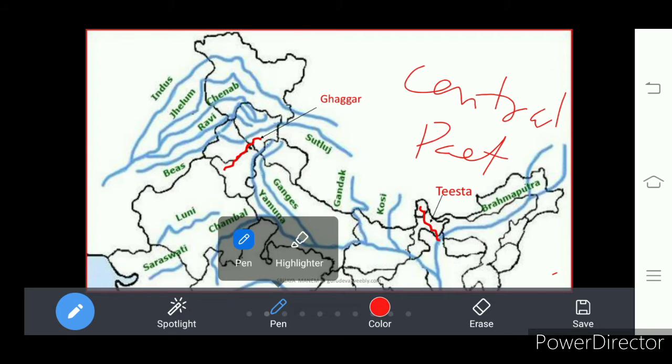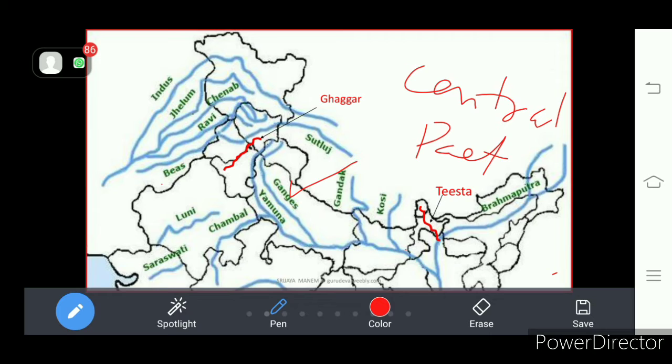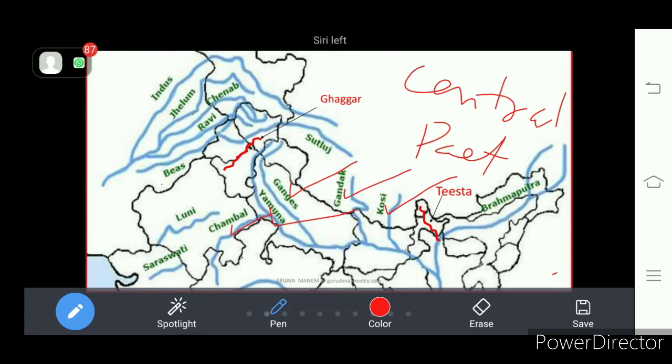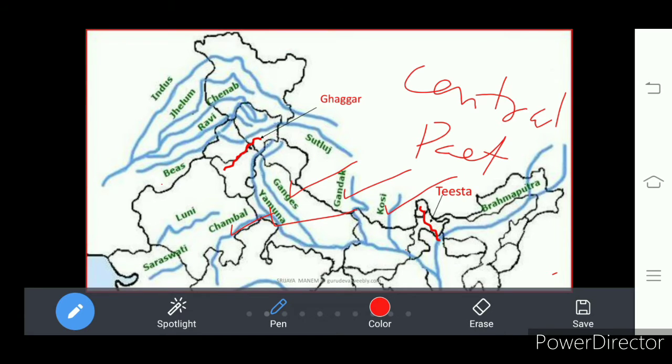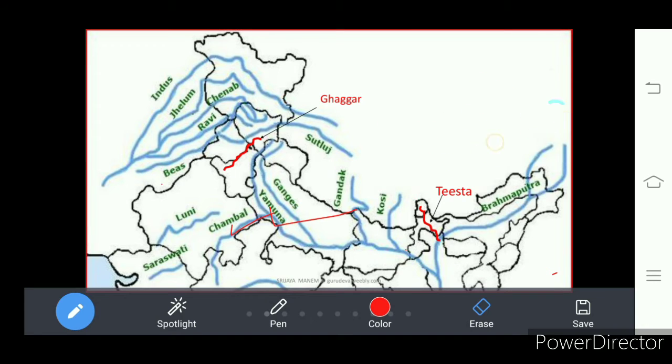Look at here. This is Ganga, Yamuna, Chambal, Kosi, Gandak, right? So these are the tributaries of river Ganga. Ganga and its tributaries contributed to the formation of the central part of the Indo-Gangetic plains.